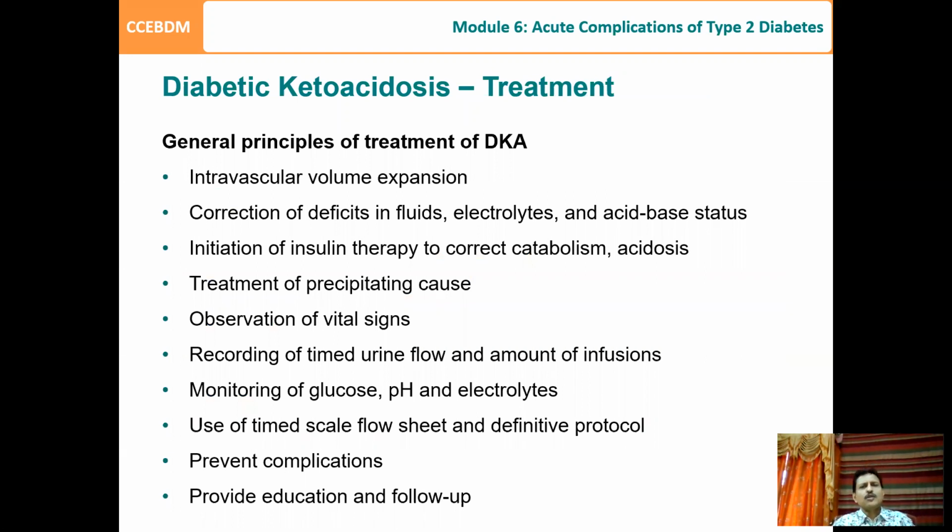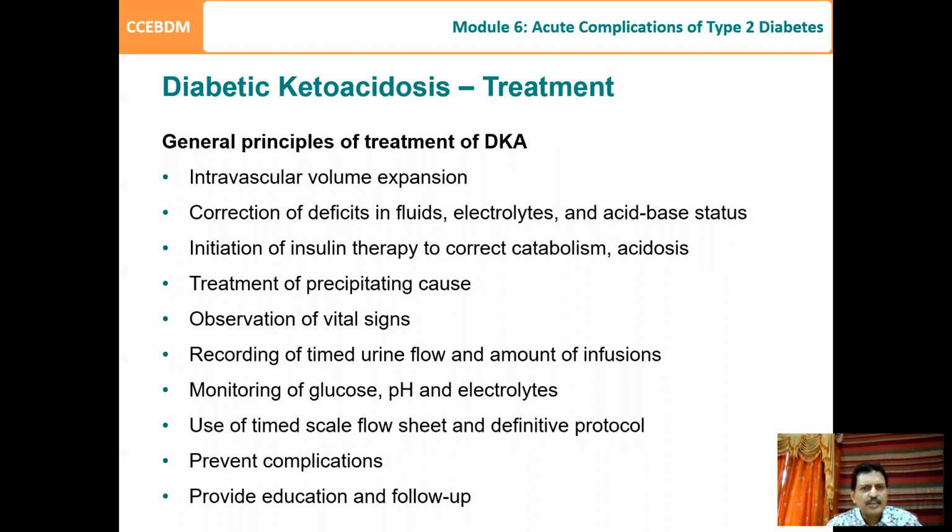If we look into the management aspects of diabetic ketoacidosis, as I've told you, the first part of the management is basically giving fluid. If you do not know what to do with the diabetic ketoacidosis, if you do not know the dose of insulin, if you do not know how to manage the electrolyte and other issues, you don't have to do anything.